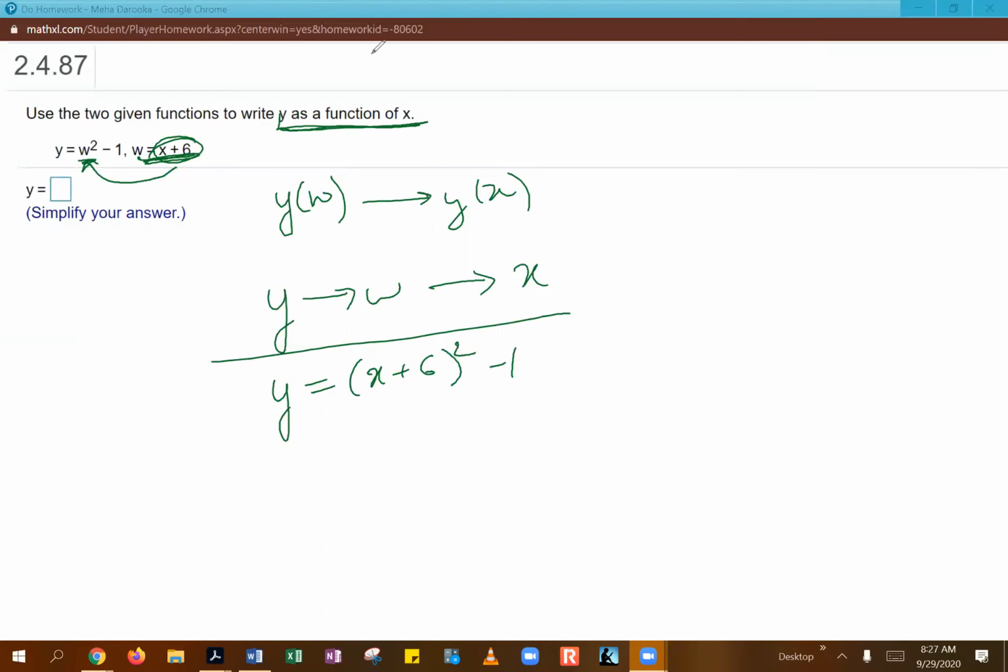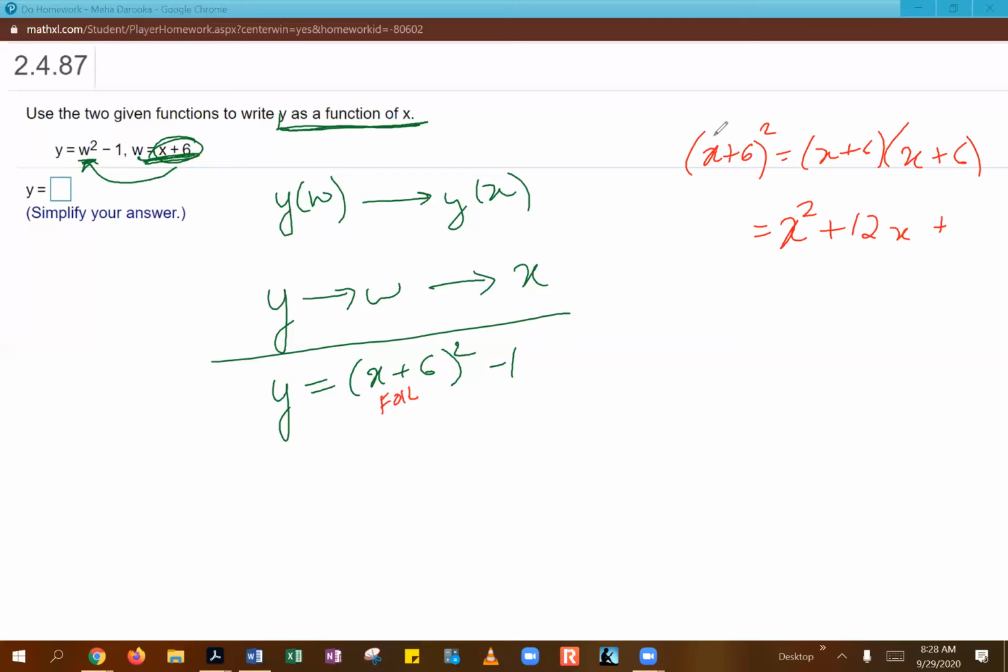So, of course, the first thing we are going to do is we need to FOIL this x plus 6 squared. So let's go ahead and do that first. That means we are taking x plus 6 and multiplying it by itself. So when you do the FOIL, you will end up getting x squared. 6 plus 6 will add up to 12x.